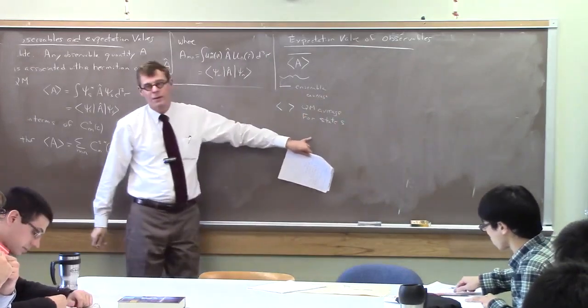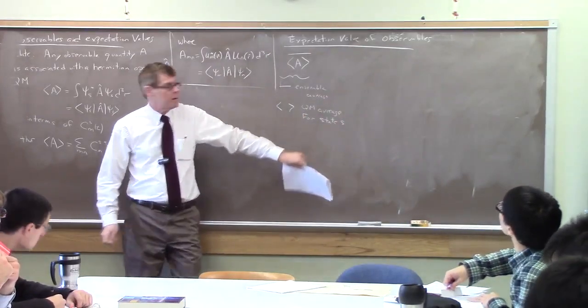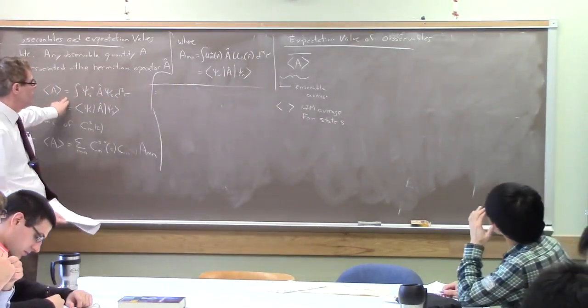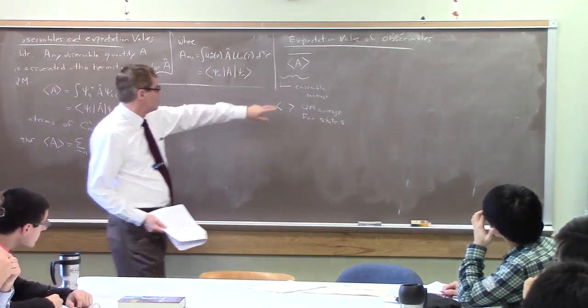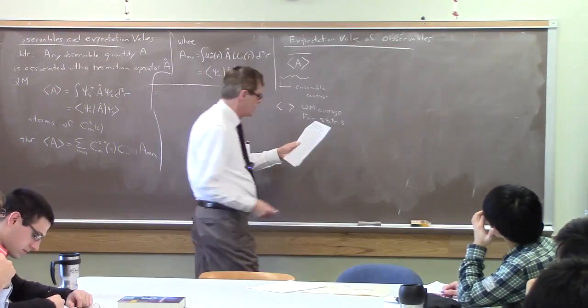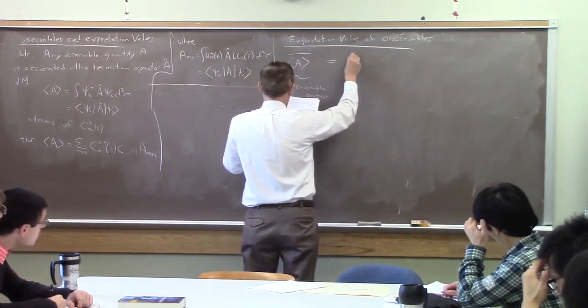So we've had two types of averages in today's lecture: the average that we first said here, then we introduced the density matrix, and then we said that we also have to do a classical average or an ensemble average. So let's just work this out.